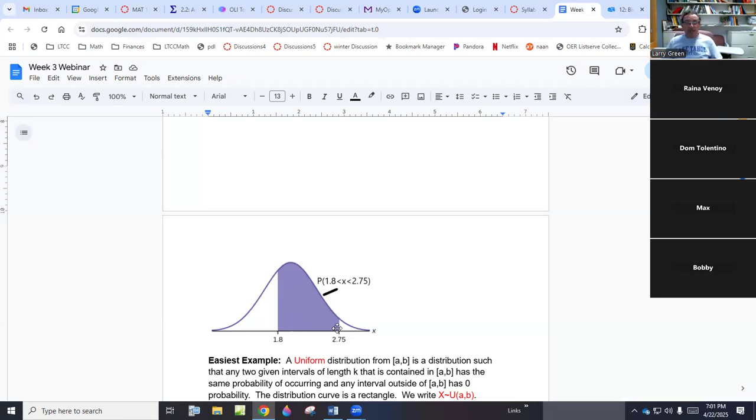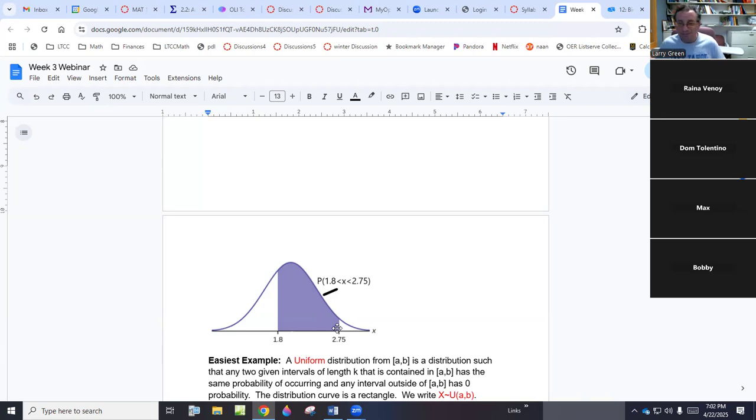Do you know how to find what that area is if this was a normal distribution? Yes or no? Do you know how to find the area with this example? Okay.